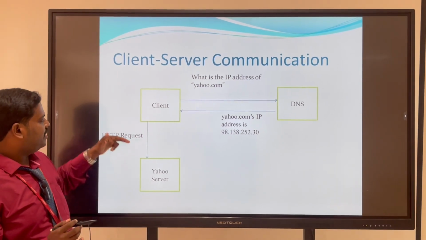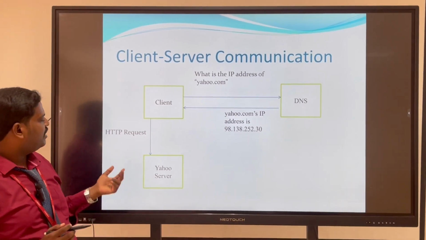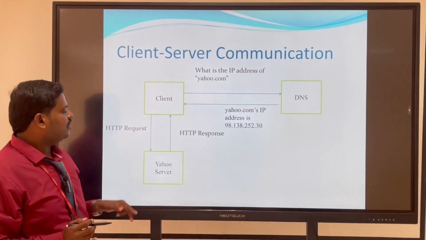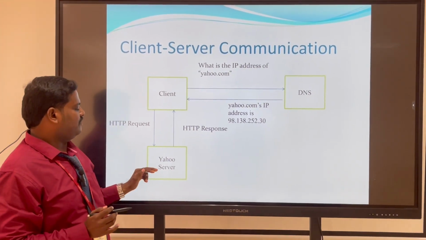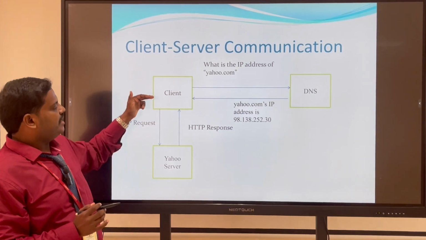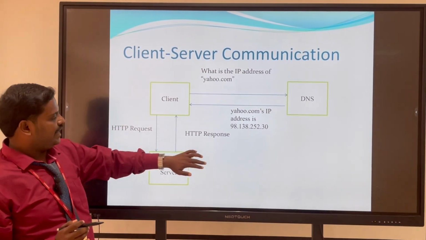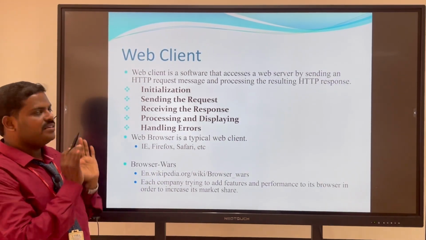Now the client sends the request to the Yahoo server using an HTTP request, and the Yahoo server sends the HTTP response to the client. This is the basic concept we are using.